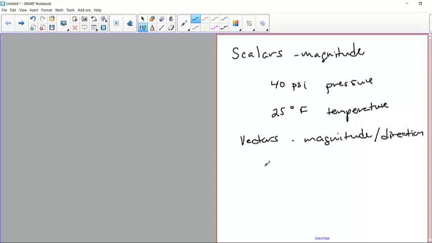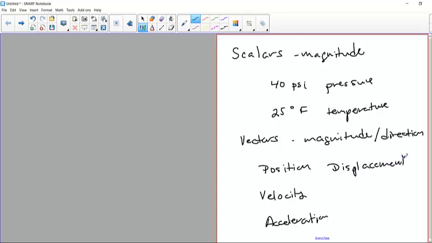Vectors: position, velocity, acceleration. So those are the three. I guess displacement as well. Those are the four that we've dealt with up to this point. Time is a scalar.